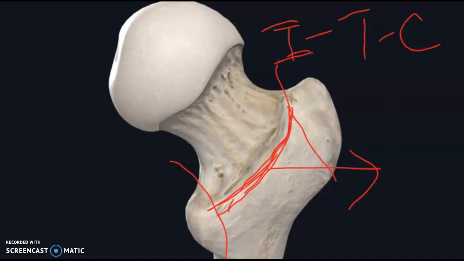So posteriorly, the greater trochanter and the lesser trochanter are joined together by a bony ridge. This is the bony ridge, and here it is called the intertrochanteric crest.